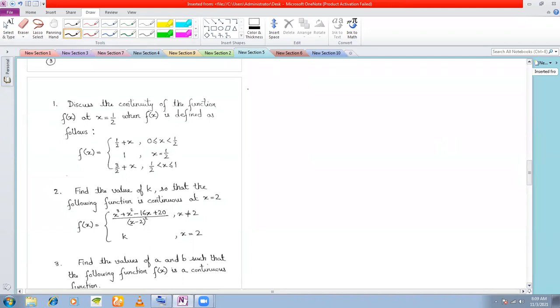First, number 1. Discuss the continuity of the function f(x) at x = 1/2, when f(x) is defined as follows, and this is the definition given. So let's first write f(x).